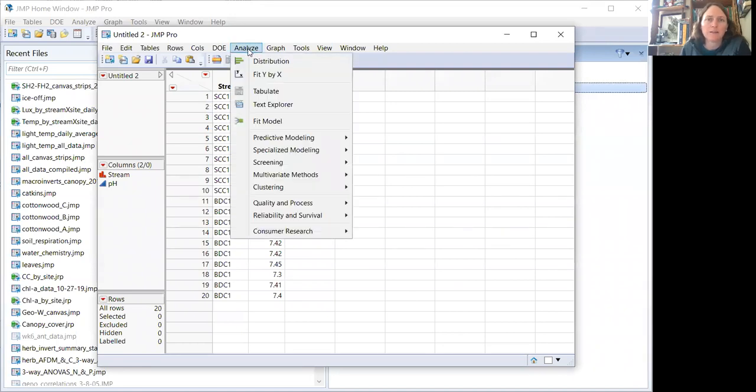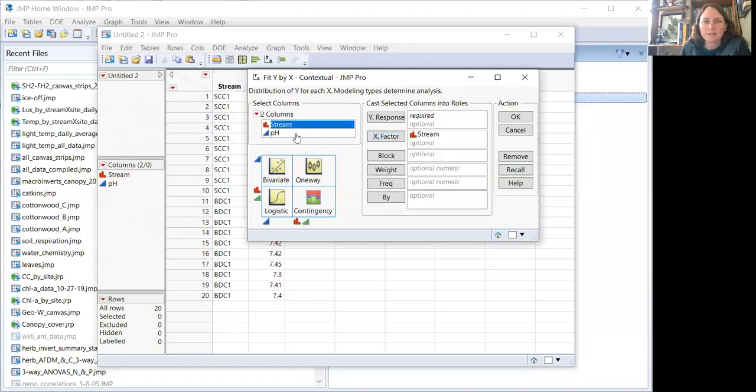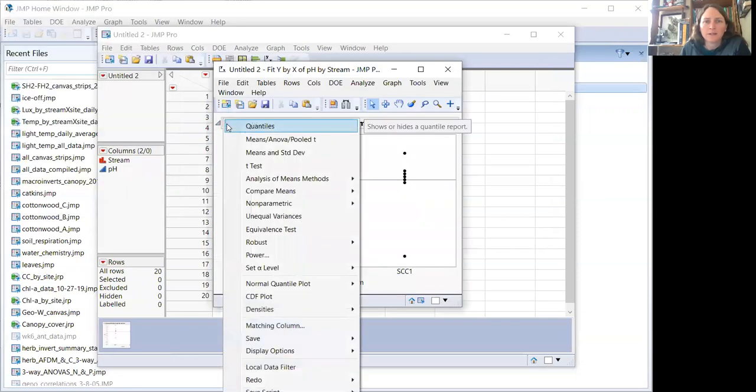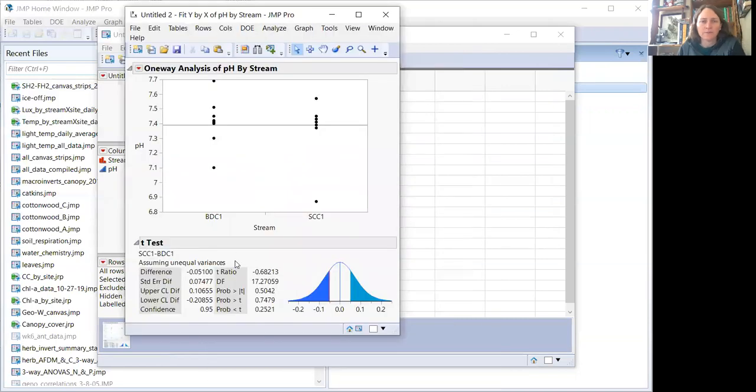If I go up to Analyze, Fit Y by X, and I choose Stream as X and pH as Y and hit OK, then I run a t-test and I can see here that my t-ratio is negative 0.68213.